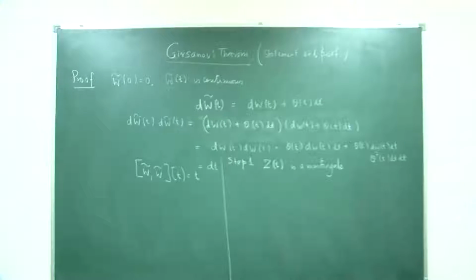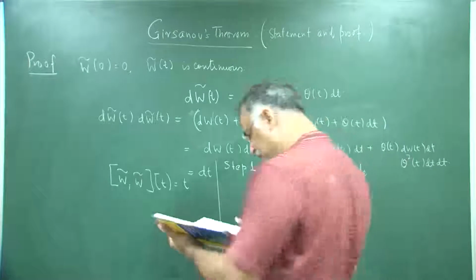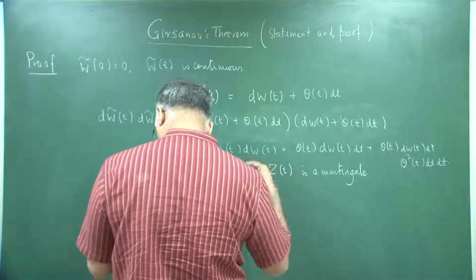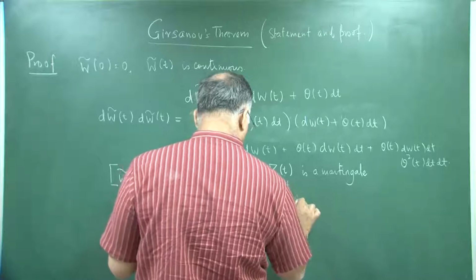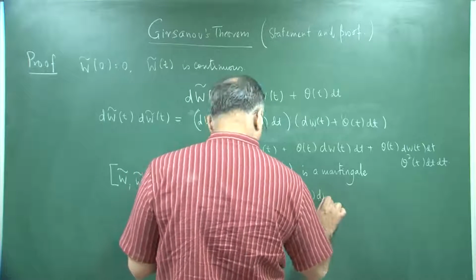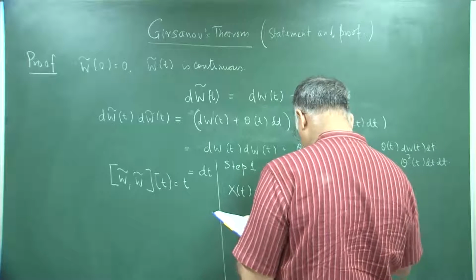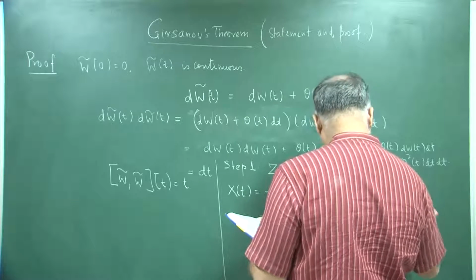Once we start doing more about that, you will get a feeling why it comes like that. So, we write xt as what was written inside, that is minus integral 0 to t theta u dwu minus half integral 0 to t theta square u du.